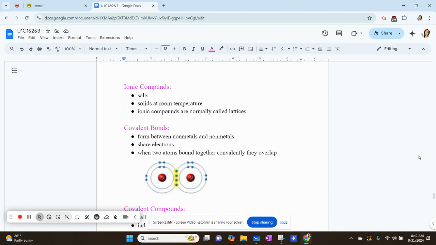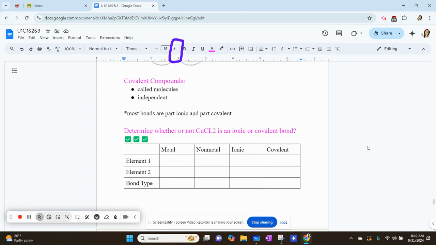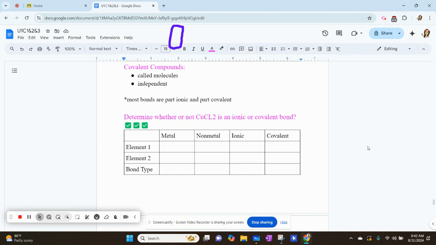Covalent bonds share electrons, as we can see here. They share those electrons. When two atoms bond together covalently, they overlap, like we see in that image. Covalent compounds are called molecules, and they are independent. Most bonds are part ionic and part covalent.